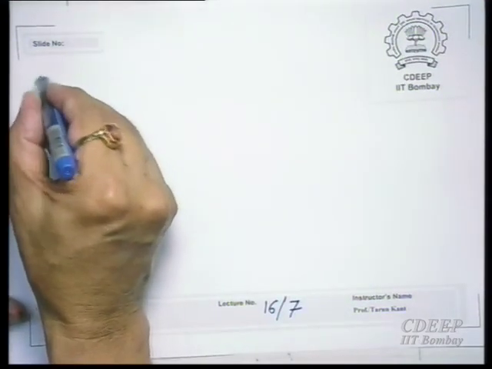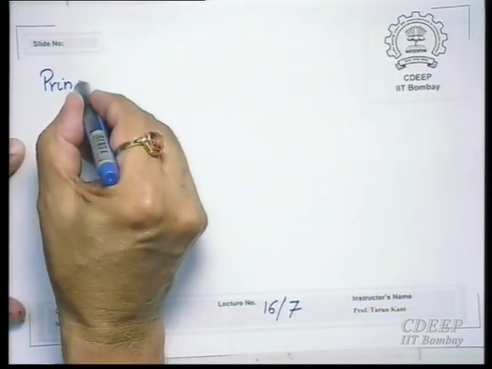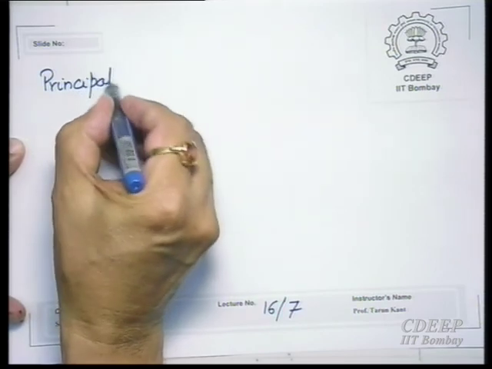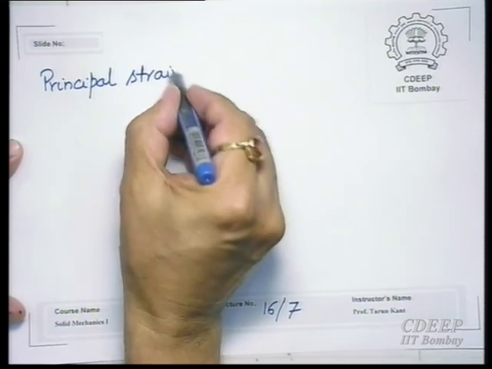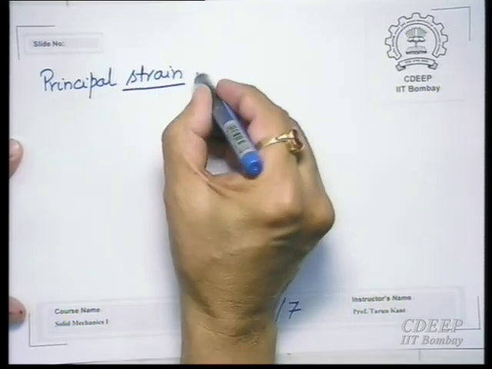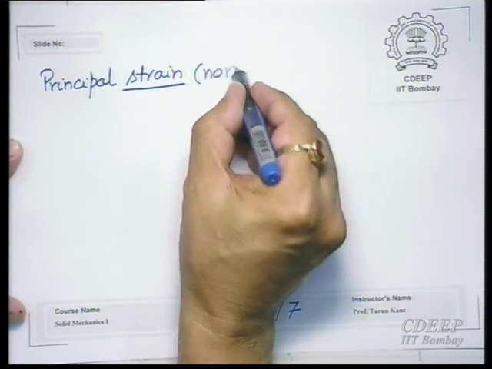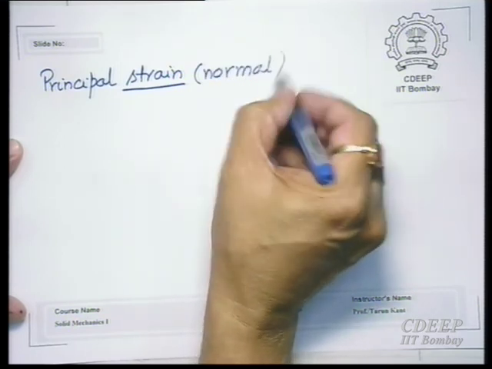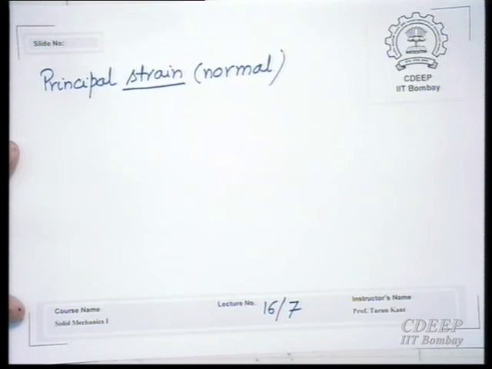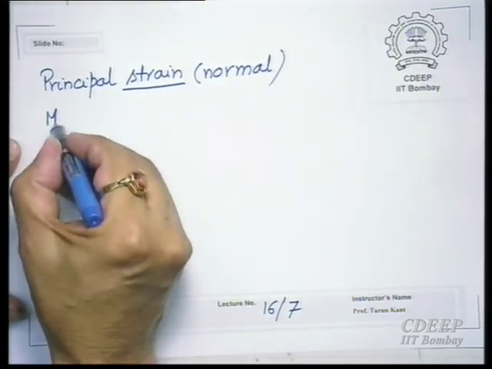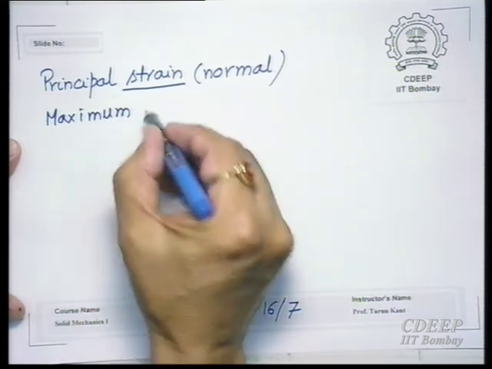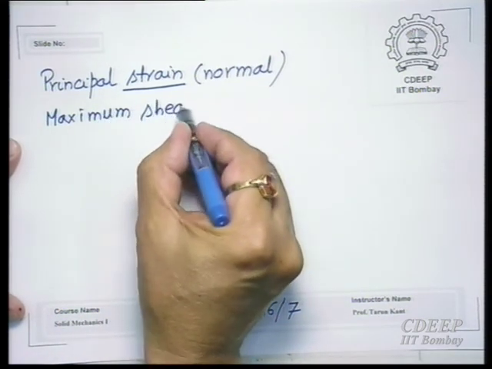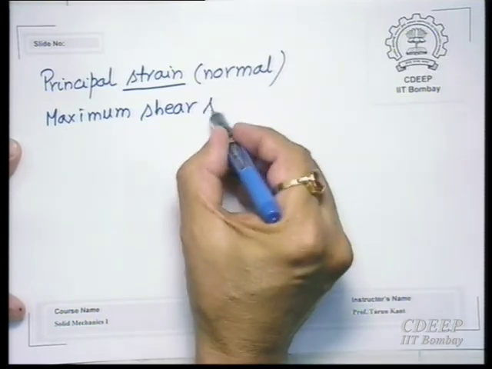Principal strain is always associated with normal strain, and again you have the maximum shear strain.